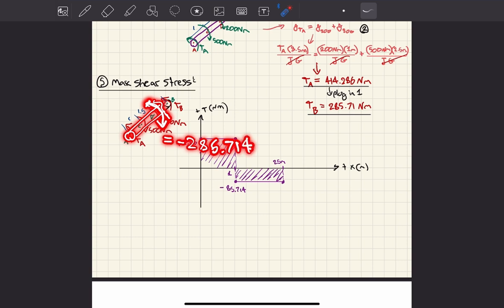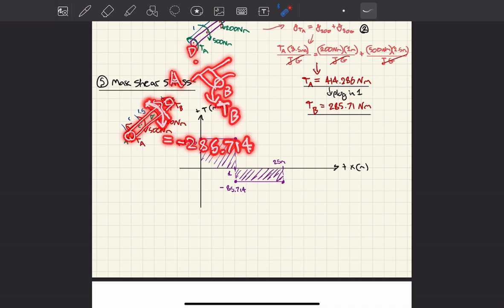If I look at the other side, it's just this little portion remaining over here. If I take the summation of just this little side and cut it, so this is my point B and this is my point D, the only torque acting is counterclockwise, TB.